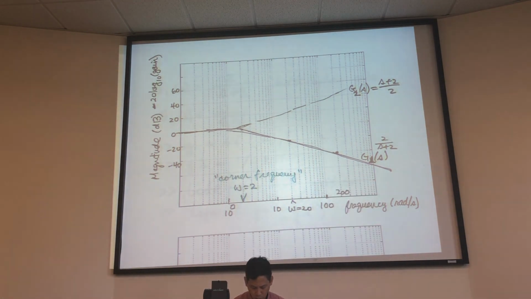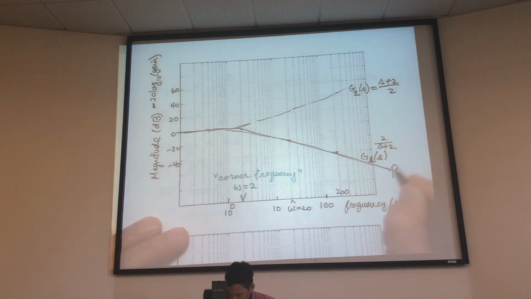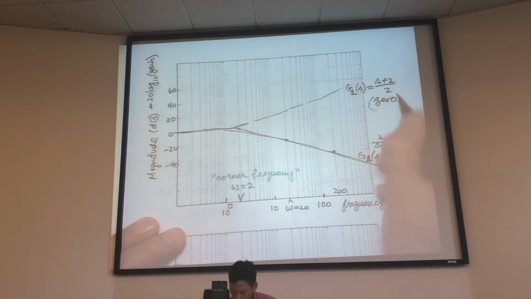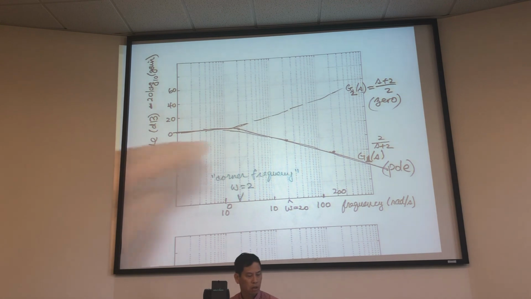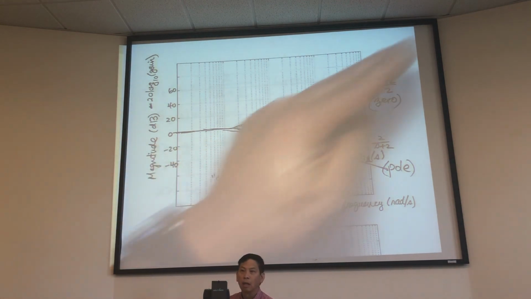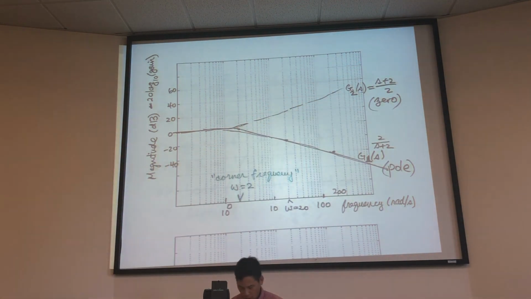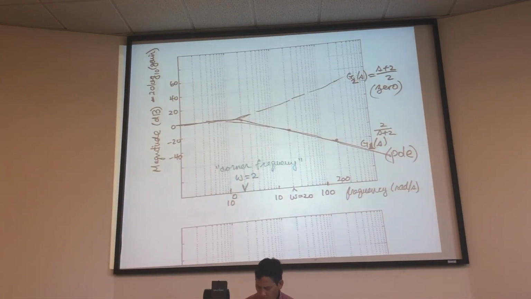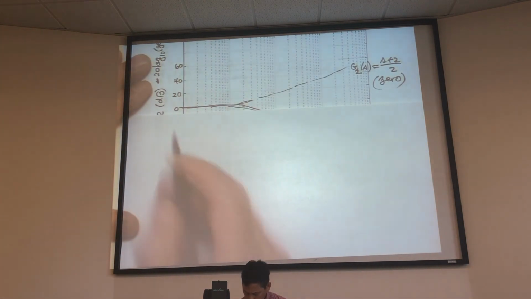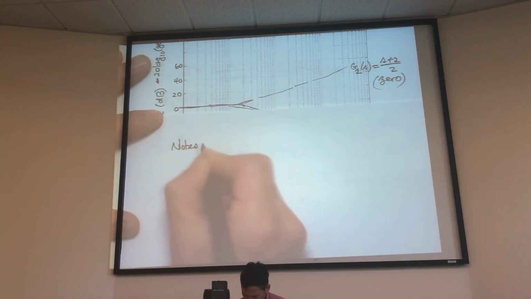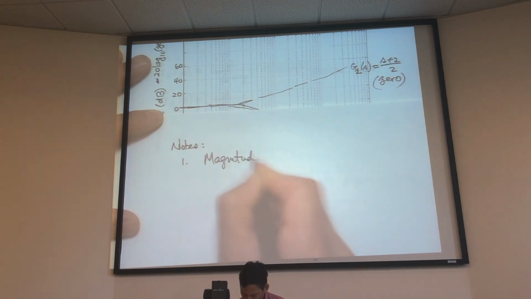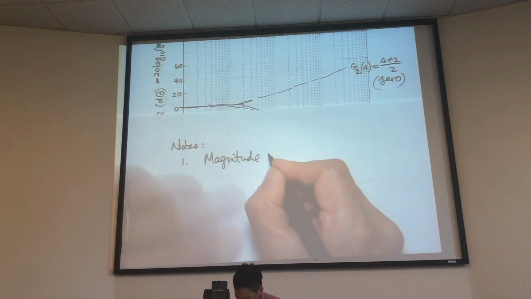Okay? So there are a couple features that I want you to see here. This is the first order pole here. This is a first order 0 here. These are first order factors. This is a pole. This is a 0. We see that with zeros, the magnitude increases with frequency. So that's one of the things that we want to note here. Let's make some notes. The magnitude increases with frequency.